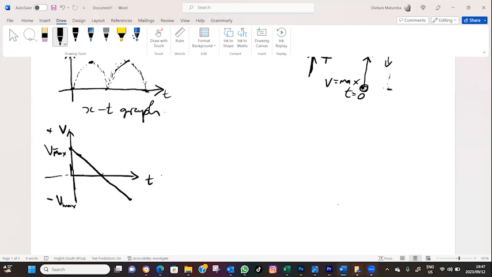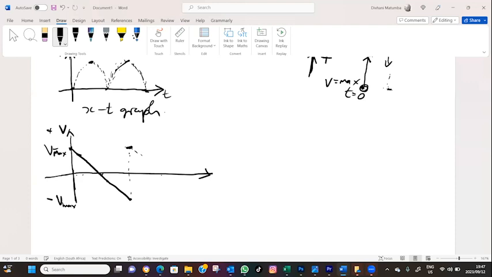As soon as it hits the ground, this is what's going to happen. Just bear with me. See, it hits the ground. It will go back to the initial speed, but going upwards.